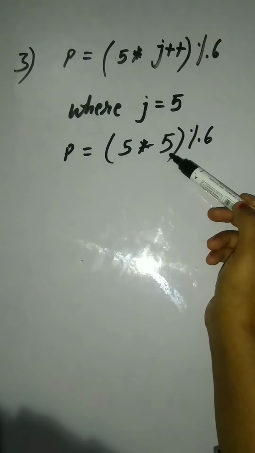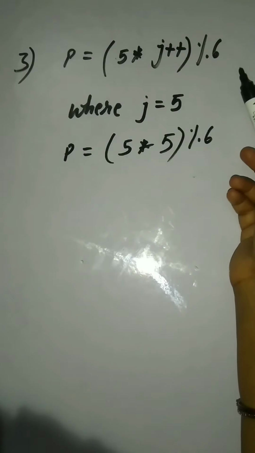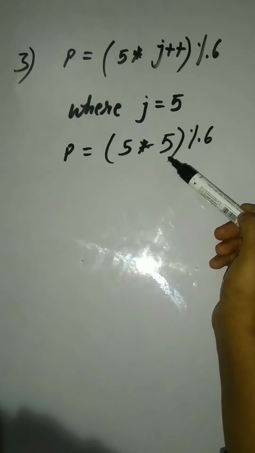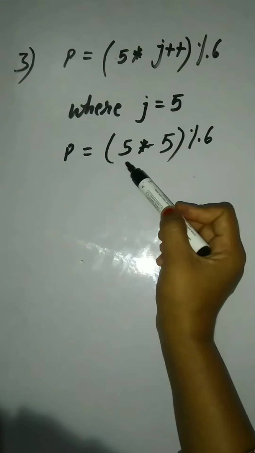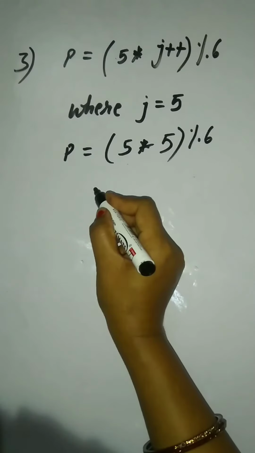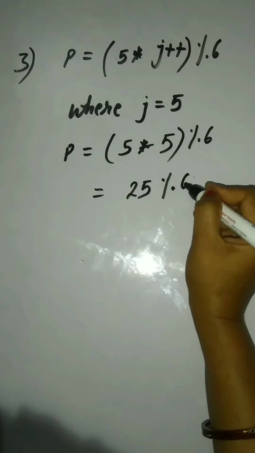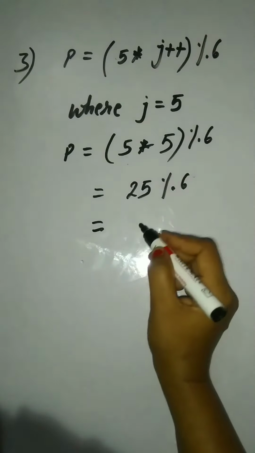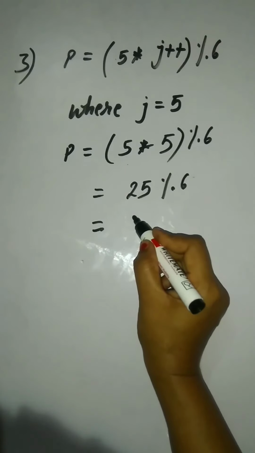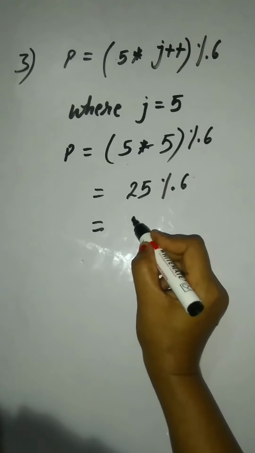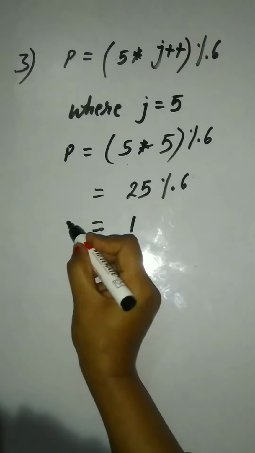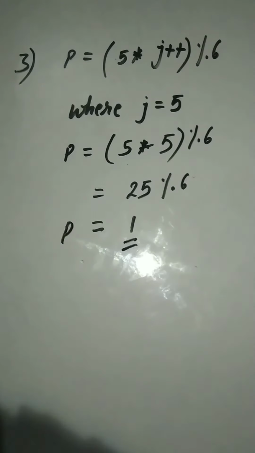So we write 5 and increase the j value to 6, but the initial value of j used is 5. So 5 into 5 is 25. 25 mod 6. 6 fours are 24, so the remainder value is 1. The p value is 1. Okay.